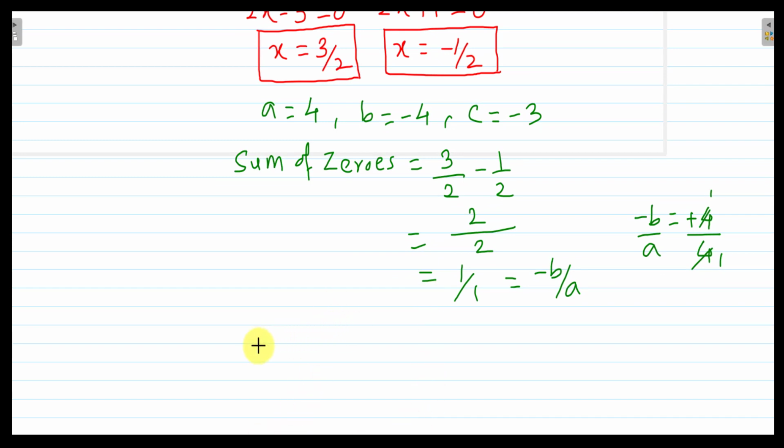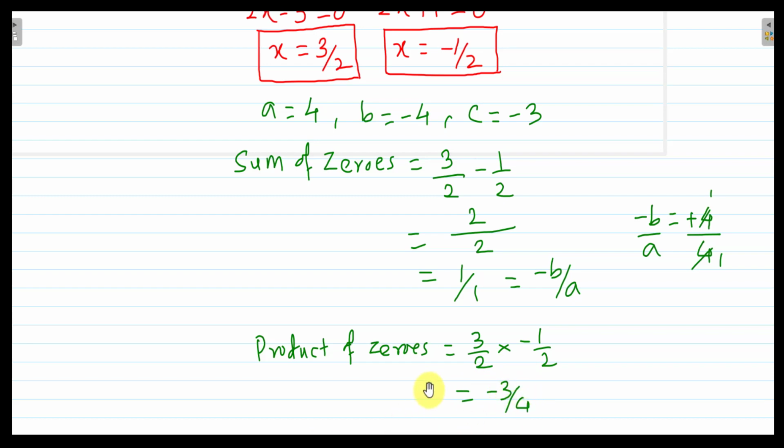So the product of the zeros is equal to 3 by 2 multiplied by minus 1/2, which is equal to minus 3 by 4.